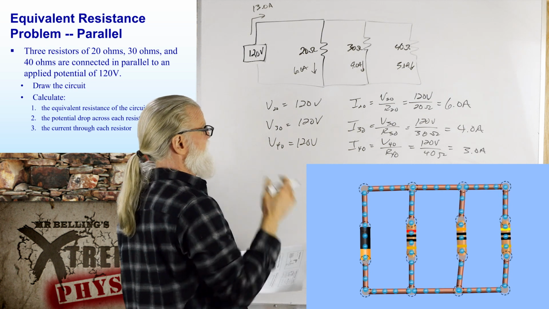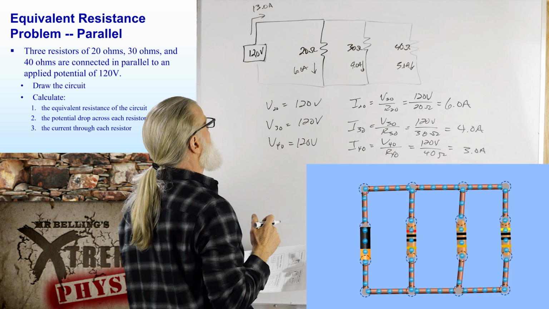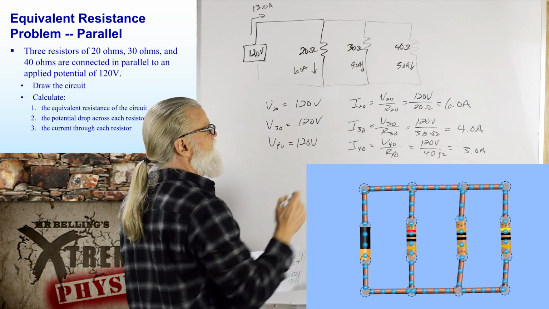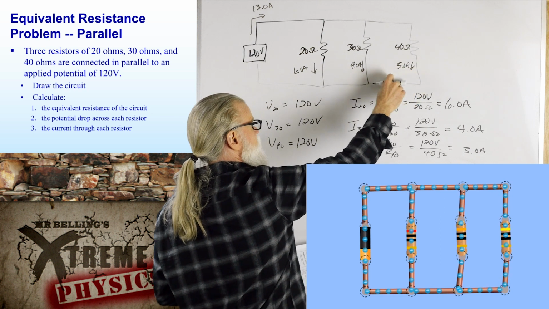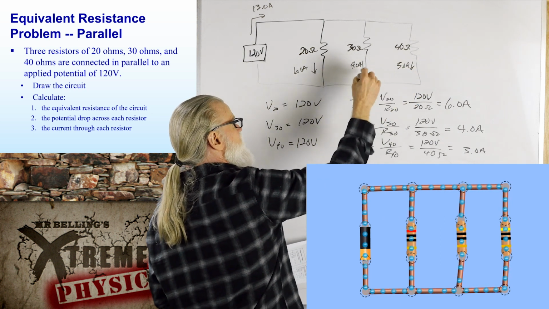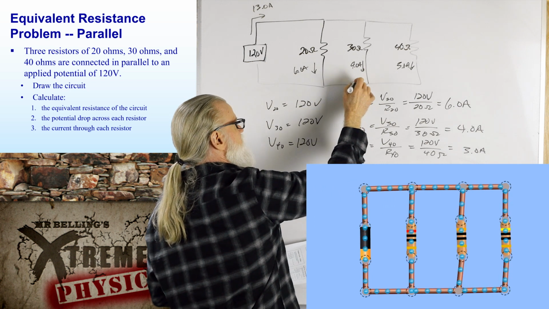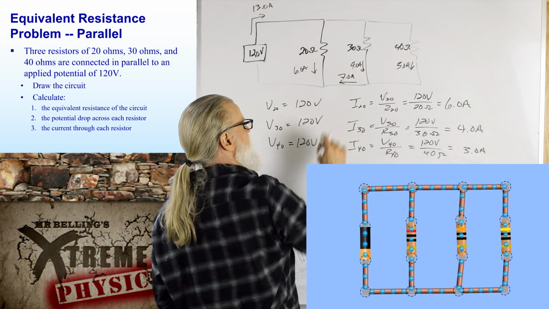All right, let's see, does that make sense? And we have 13 amps going through the power supply. Well, I have 3 amps of current flowing through here, and that mates up with 4 amps. So into this junction, we have 7 amps. That means there must be 7 amps coming out. This must be 7 amps right here, right?